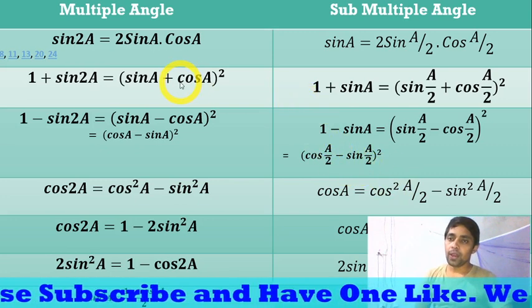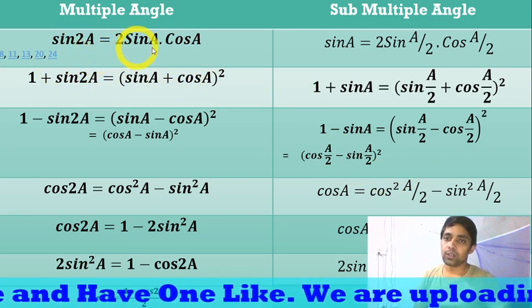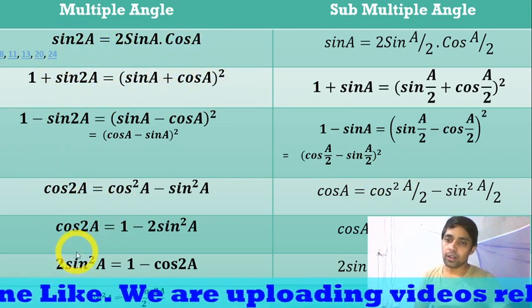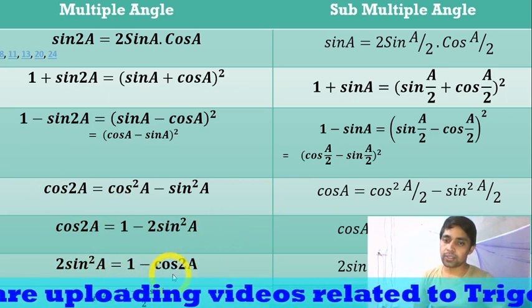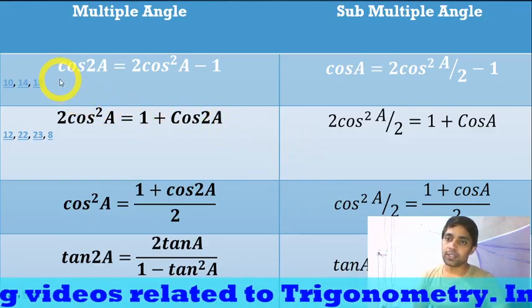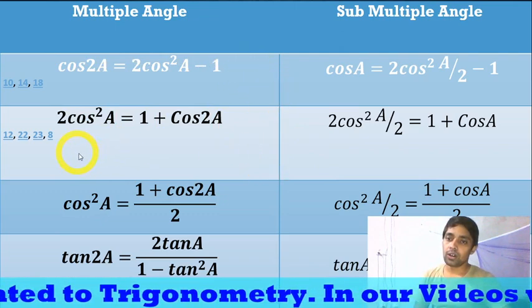Now, we have used these formulas in previous problems: sin 2A equals 2 sin A cos A, cos 2A as 1 minus 2 sin^2 A, and 1 minus cos 2A. As well as the cos 2θ formula 2 cos^2 θ minus 1, and the tan 2A and cos 2A formulas.